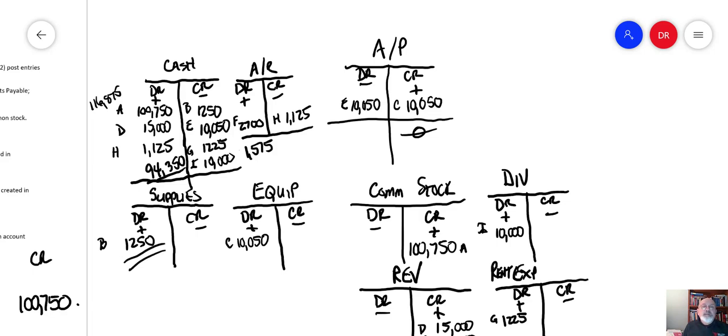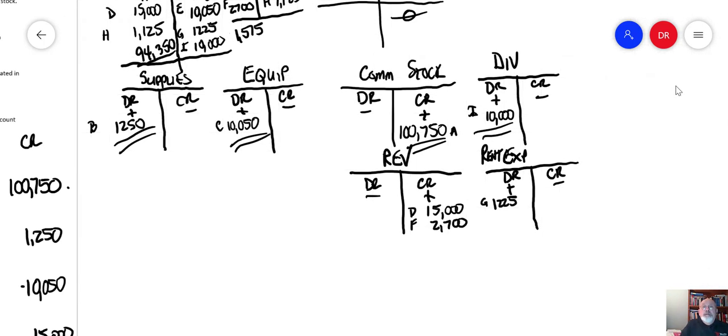Supplies balance is easy, 1,250. Equipment is easy, 10,050. Common stock, there's only one transaction, so that's the balance. Dividends, there's only one transaction, so that's the balance. In revenue, we'll add these two together and we'll get a balance of 17,700 as a credit, and then rent expense will be 1,225 as a debit.